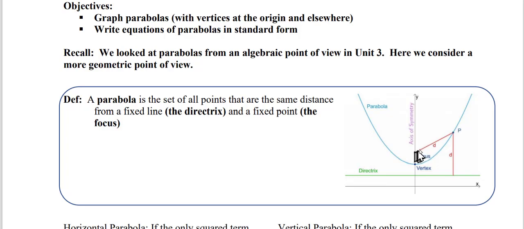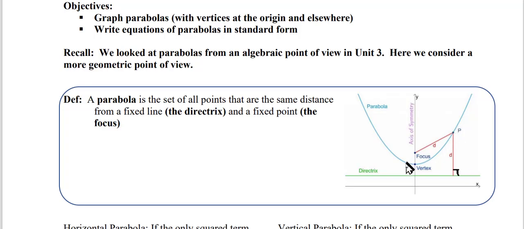You can see in red here, this point P on the parabola is D away from this focus, and it is D away from the directrix. This will always be a right angle. You always want to drop that down at a right angle because that's the shortest distance to the directrix.